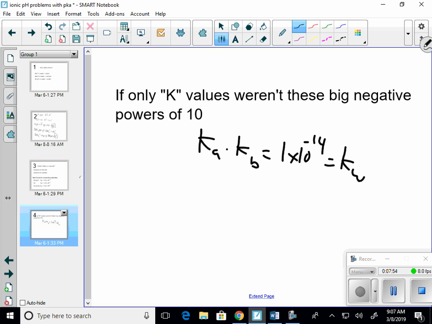This equation on your equation sheet is written right alongside this equation. Look familiar? Hydroxide times hydronium equals 10 to the negative 14th.